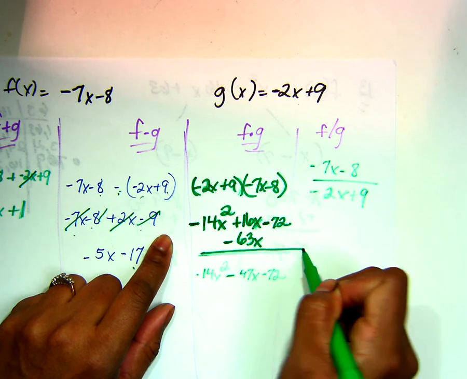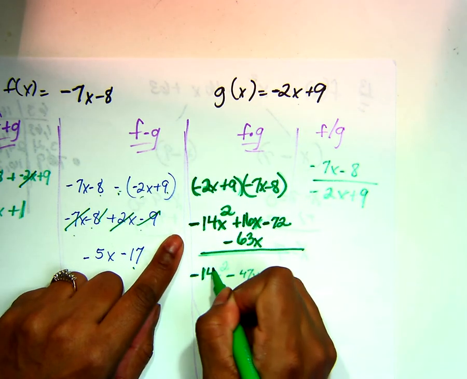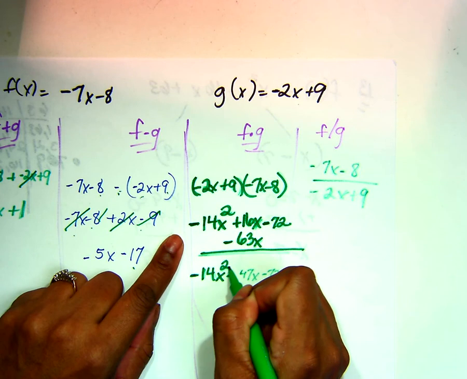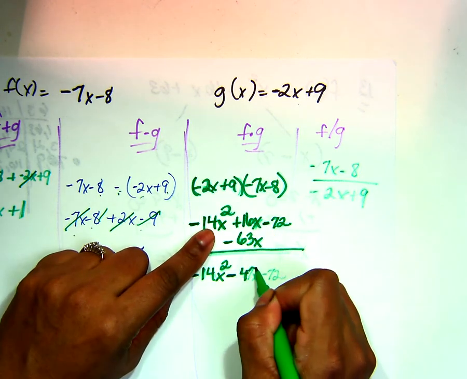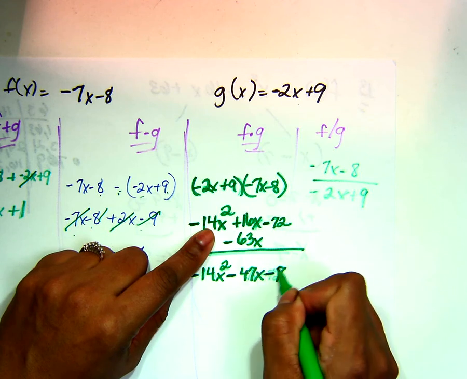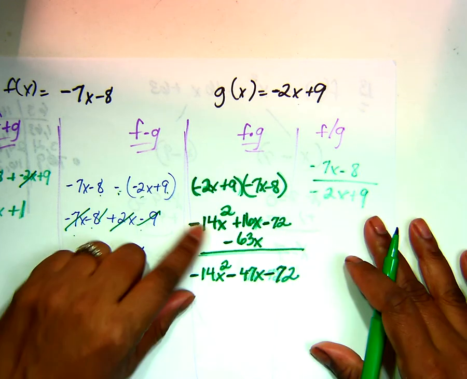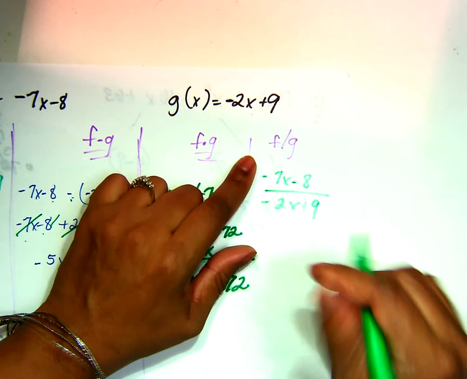Since I wrote it as grouping, bring down your negative 14x squared, because nothing looks like it, plus 16 minus 63 gives us a negative 47. Bring down your x. And since we haven't used it or combined anything with it, that's going to be negative 72. Your last one was f divided by g.